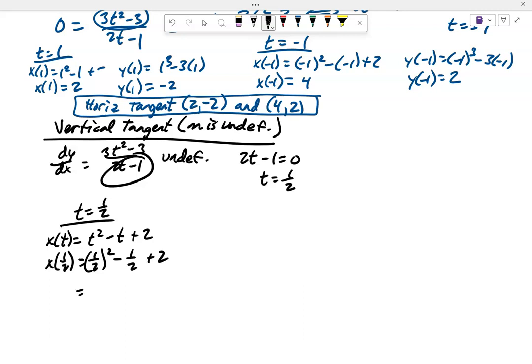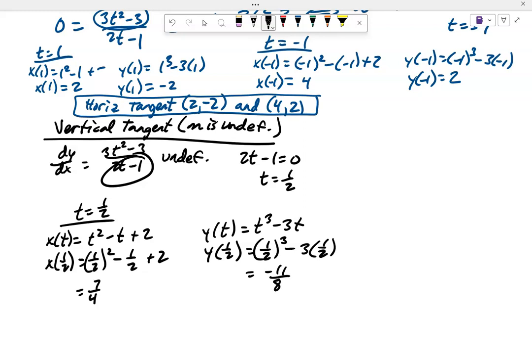So we get 7/4. y of t was t cubed minus 3t, so we got negative 11/8. So we have a vertical tangent at 7/4, negative 11/8.